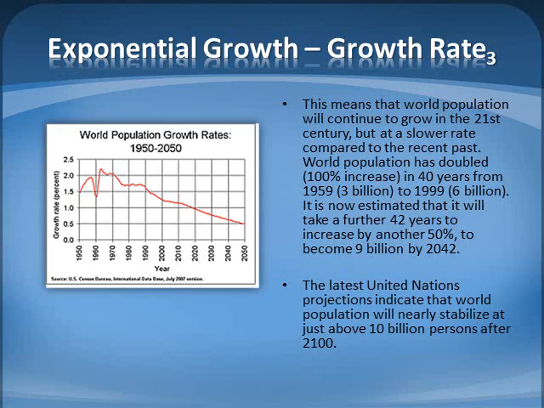And this is the UN prediction of when the population will stabilize just after 2100 at just above 10 billion people. So a whole lot more people going to occupy the planet at that point in time. Not my problem, but perhaps some of you guys will be around to see that.